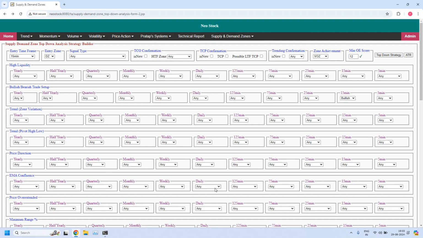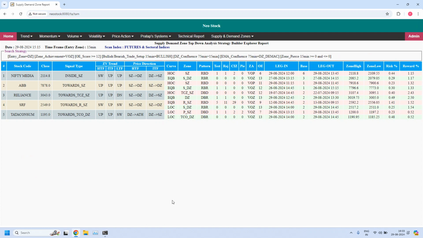So in the EMA confluence, in the 75 minutes time frame, let us check this 75 minutes demand zone is having daily EMA confluence. 75 minutes demand zone with daily EMA confluence filter is enabled from 17. Let's verify. 5 stocks are filtered from 17. These 5 stocks are having daily EMA confluence, the 75 minute zone. But 15 minutes is the entry. The 15 minutes is overlapped with daily zone. So the entry zone is also having EMA confluence. That way we need to understand the system.